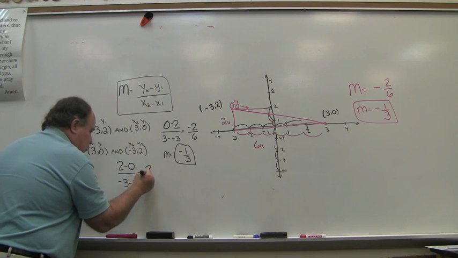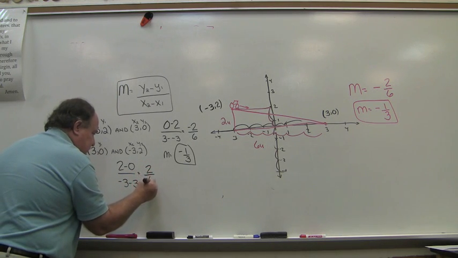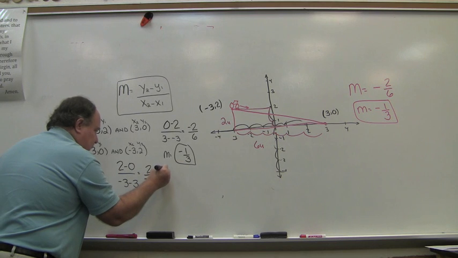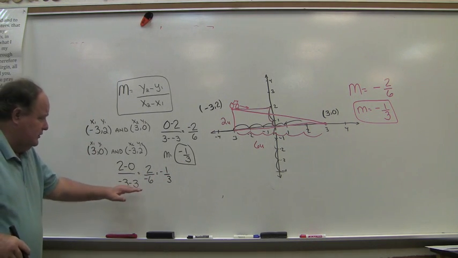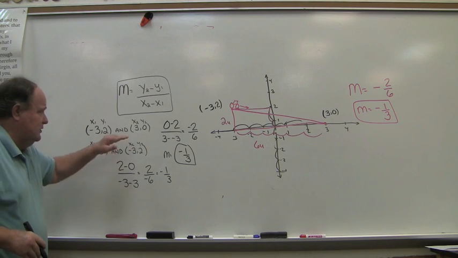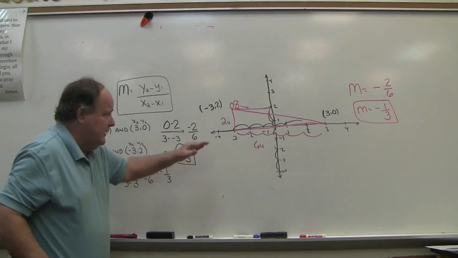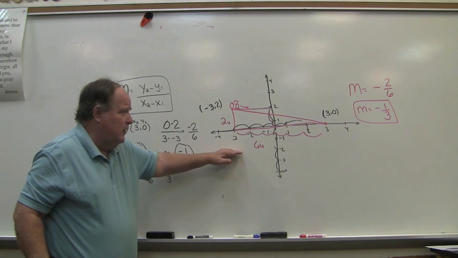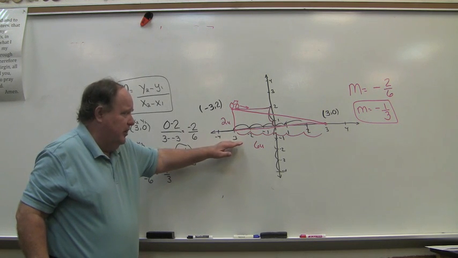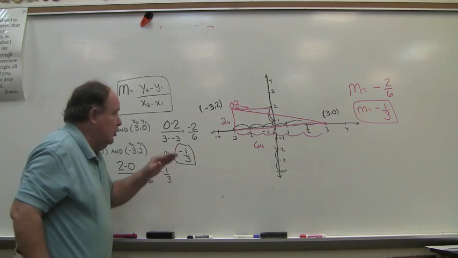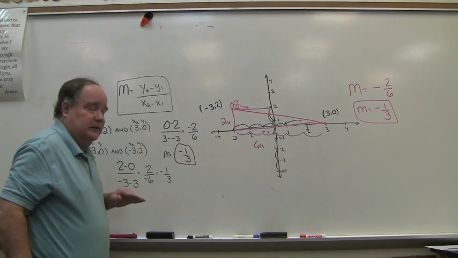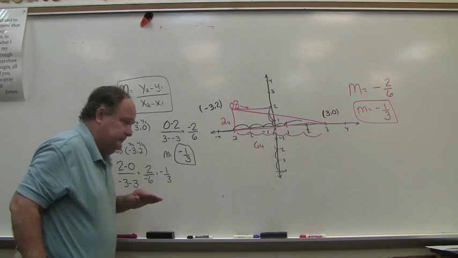Okay, so I'm going to get 2 over negative 6, which is negative 1 over 3. Bravo! We got the same slope this way, we got the same slope this way, and when we counted the units, the rise over the run, we got the same slope this way. Okay, 9 times out of 10, you'll be using the slope formula to figure out your slope.